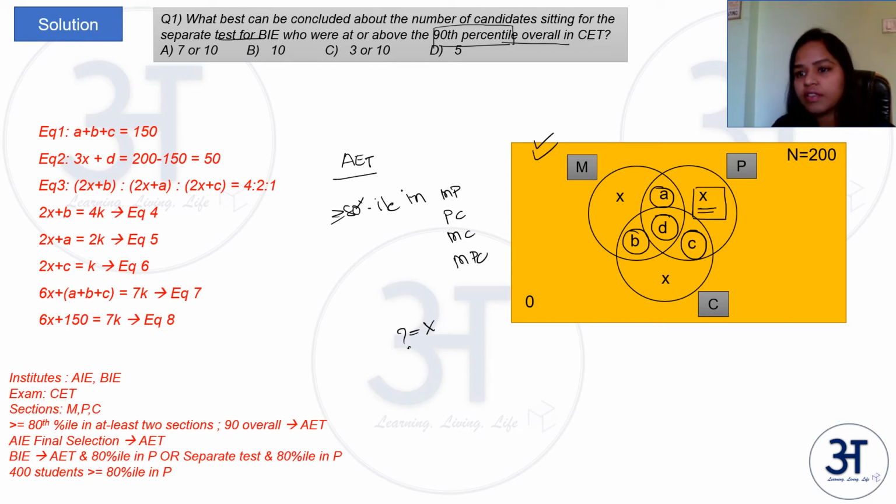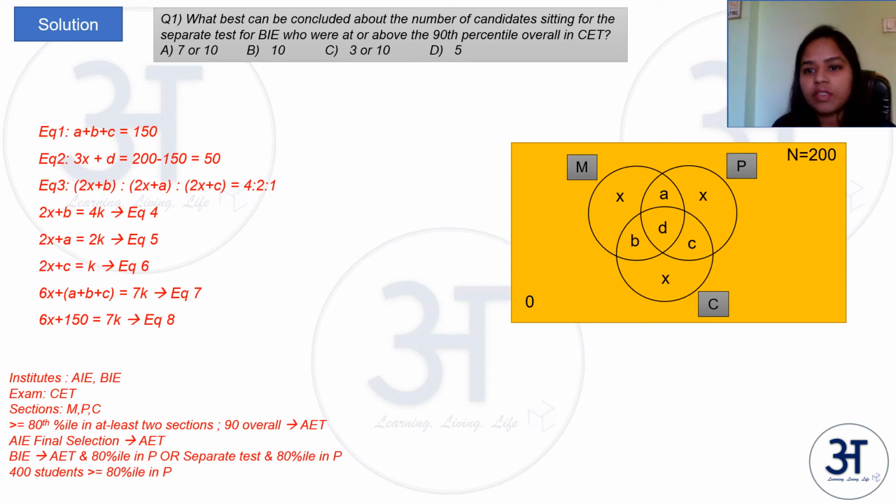Let's move ahead. Now we need to find what is this x. So let us have a look at the equations. This is something where the LHS is a multiple of 6, 150 is also a multiple of 6, and the RHS is a multiple of 7. So this essentially would have limited solutions. Let us check if that is the case.